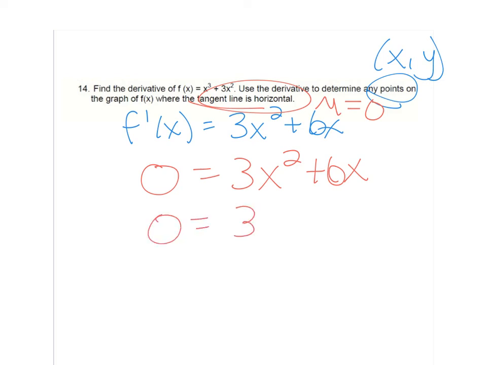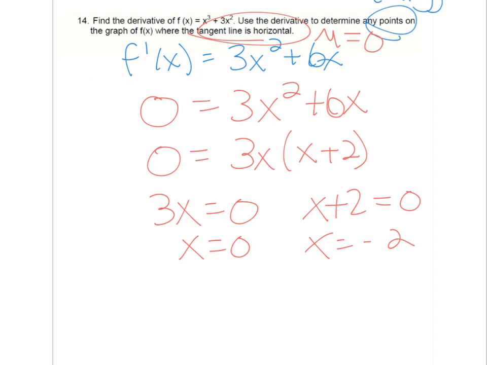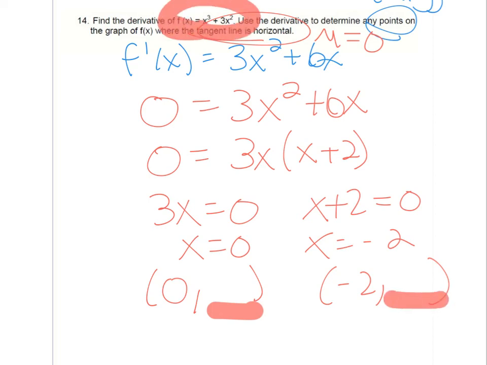We can factor out a 3x. Set each factor to 0. So x is 0 and x is negative 2. But the problem wants points. So we need y values. We are going to get these y values from the original function.